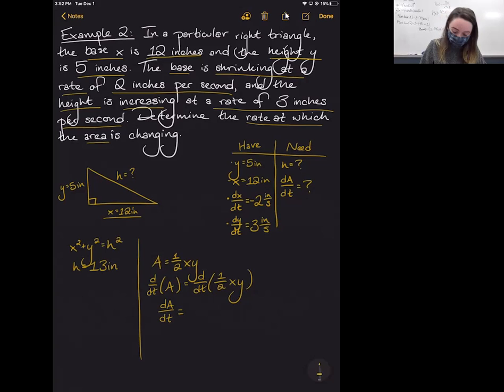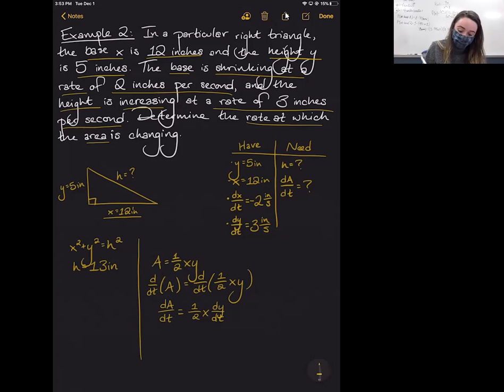First times derivative of second. The first function is 1/2 x, times the derivative of y. Well, y is a function of time, so the derivative of y is dy over dt.